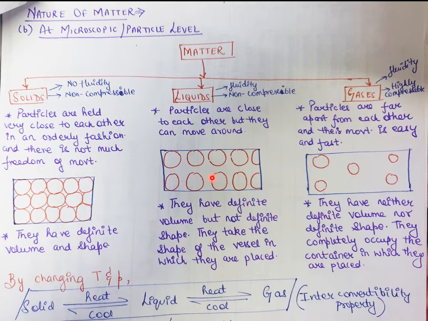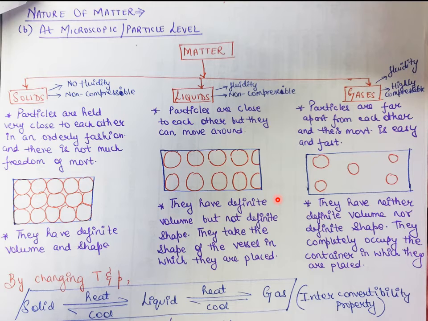So there would be some movement, and the liquids have a definite volume but they do not have a definite shape. For example, let's say I have 1 liter of water. The 1 liter of water has a definite volume. If I keep it in a container, let's say a bucket, it will take the shape of the bucket.